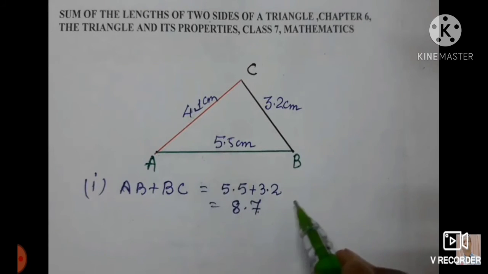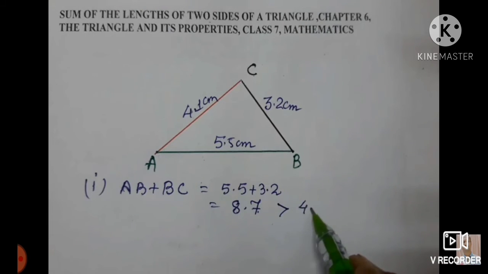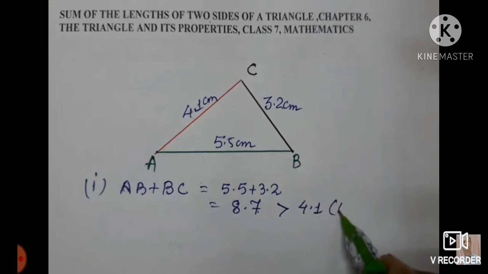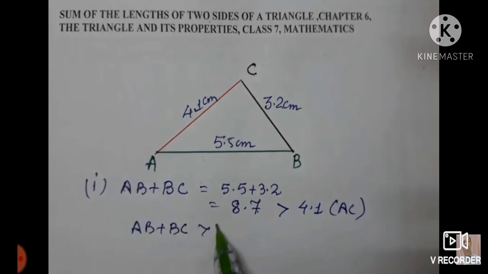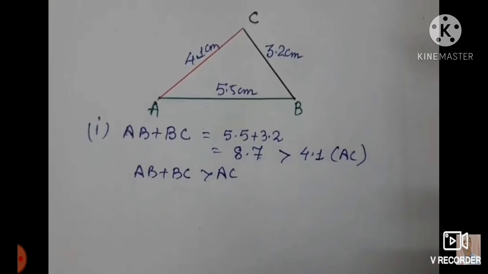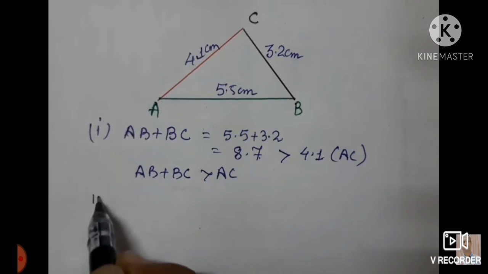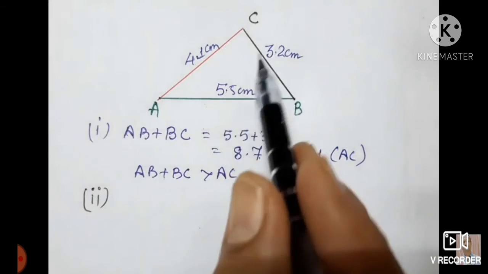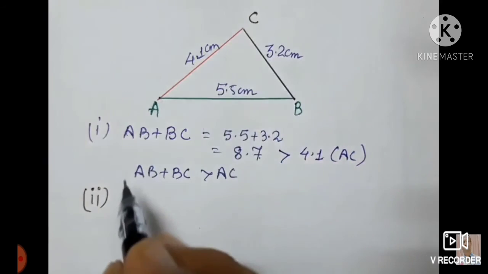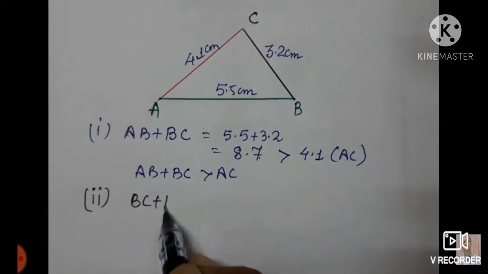The sum of AB plus BC is greater than 4.1 centimeters, that is, AB plus BC is greater than AC. So, as the property is satisfied, what is our property? The sum of the lengths of any two sides of a triangle is greater than the third side.